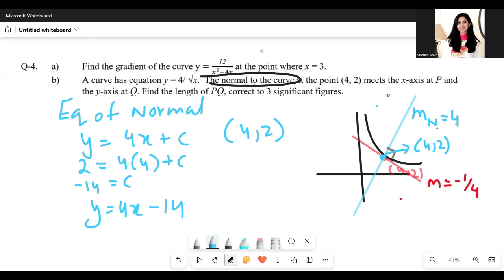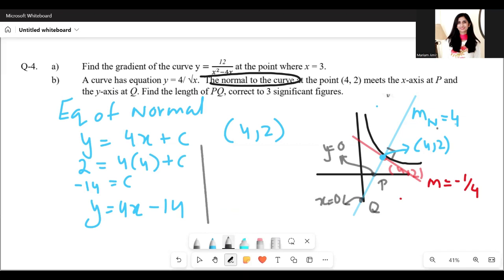Okay. So after that, it says that this normal meets the x-axis at P. So assuming this is correct, this would be P and this would be Q. And we need to find the length PQ. That means we first need the coordinates of P and Q. And we know that on the x-axis, y is always equal to 0. And on the y-axis, x is equal to 0.